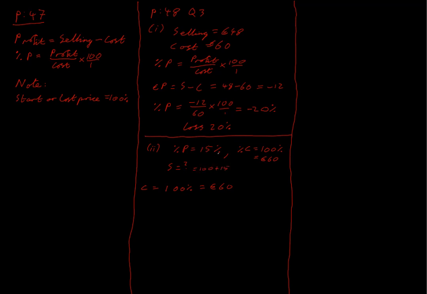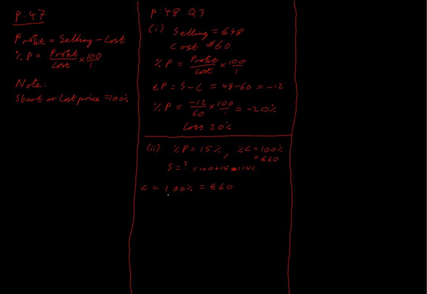If we made 15% profit, cost price is 100%, we made a profit of 15%, that means we sold it at 115% of its original value. And this is our key point. This is how we're going to use our percentages to solve the problem, because we know what 100% of the cost price was, and we know the selling price is 115% of that.